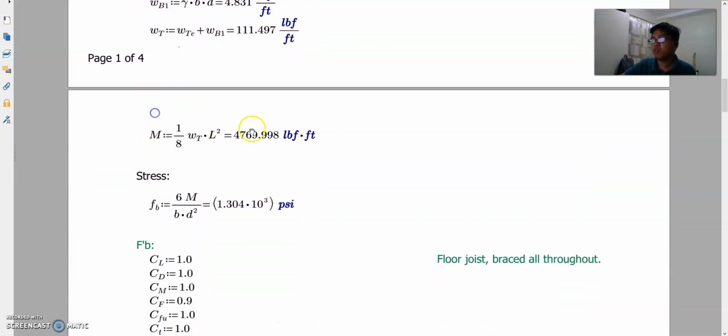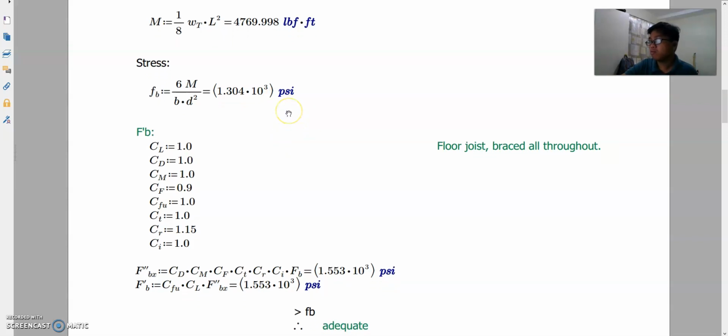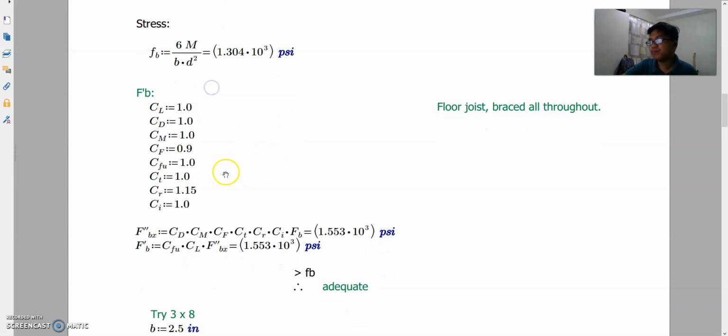And then consequently, the moment would be 4,770, and then the stress would be 1,304 PSI. Okay, and then we get the strength, FB prime. And so I would not discuss this because by now you should know how to obtain these factors here.